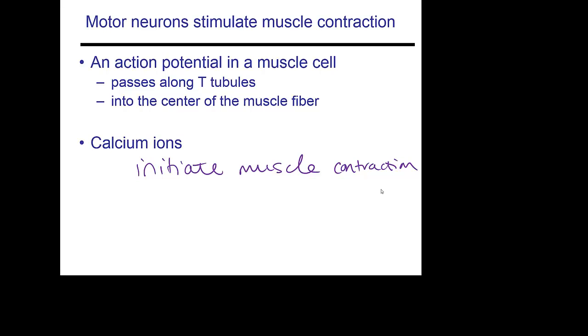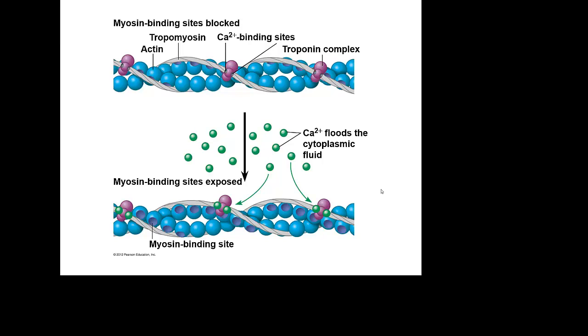And what we're looking for is this calcium to actually bind, and when the calcium binds to these sites, that's what's actually going to give us a space so we can contract our muscle.